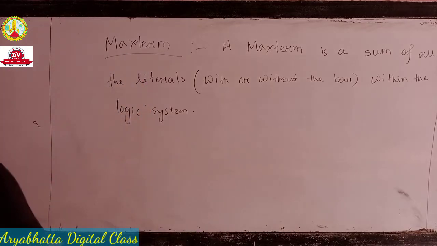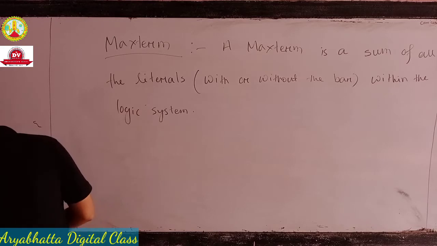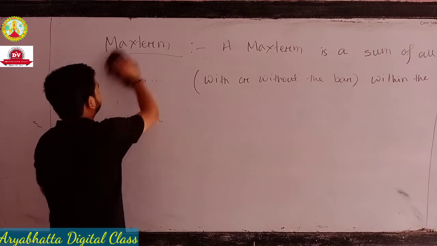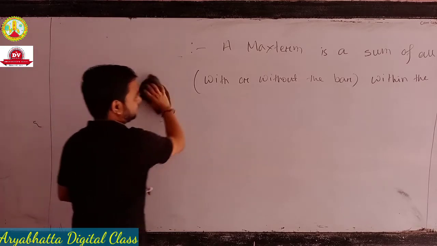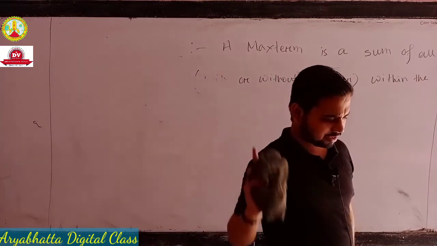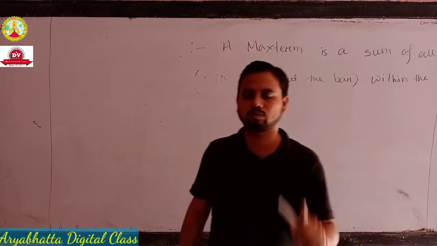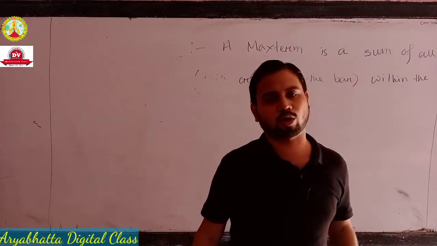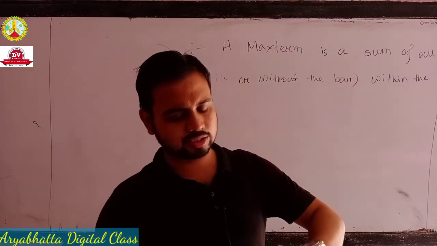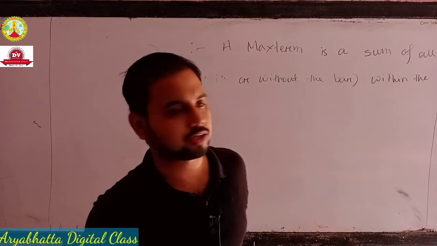So the next important topic is canonical expression, and that is very important. In last year's final exam, or the year before, a question came: what is POS, meaning product of sum? There are two topics, POS and SOP, under the topic of canonical expression.